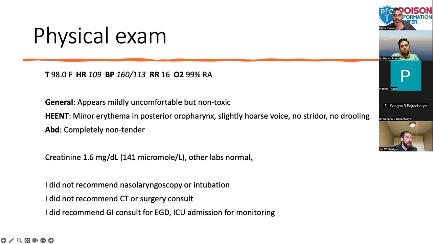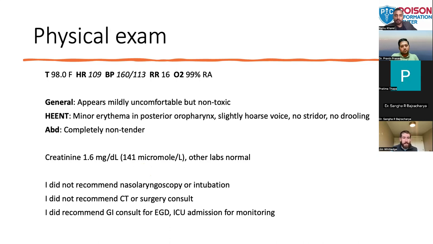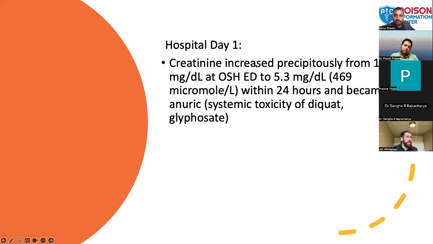So I did not recommend nasolaryngoscopy or intubation, and in retrospect, I wish I had recommended nasolaryngoscopy. I did not recommend a CT scan or a surgical consult, but I did recommend that the patient be seen by the gastroenterology team for endoscopy, and he did get put in the intensive care unit for close monitoring. On his first hospital day, his creatinine increased precipitously from 1.6 to 5.3 mg per deciliter, so up to 469 micromoles per liter.